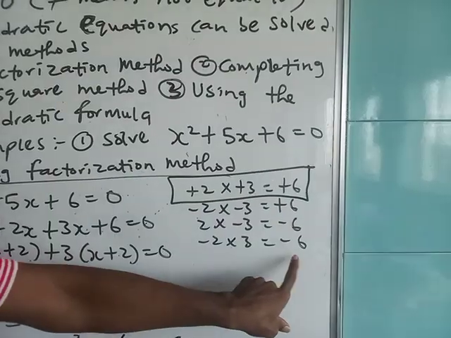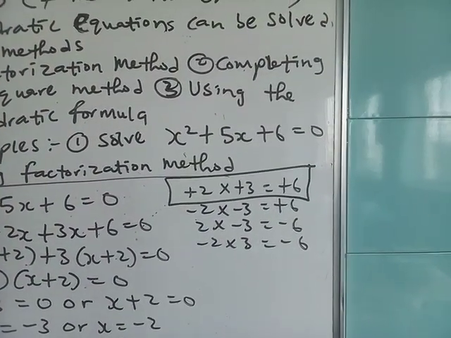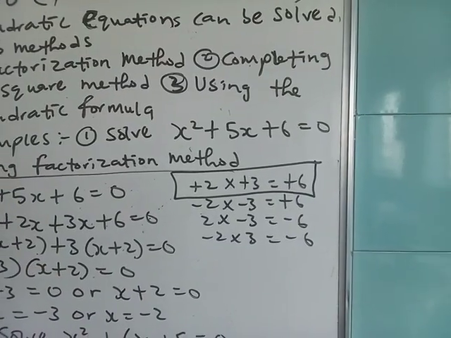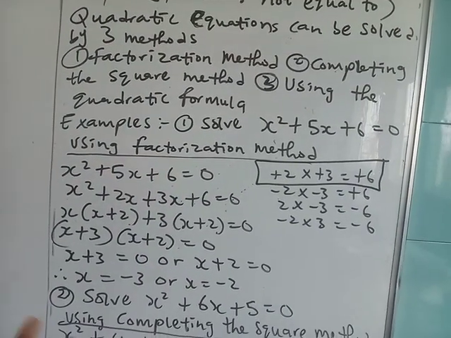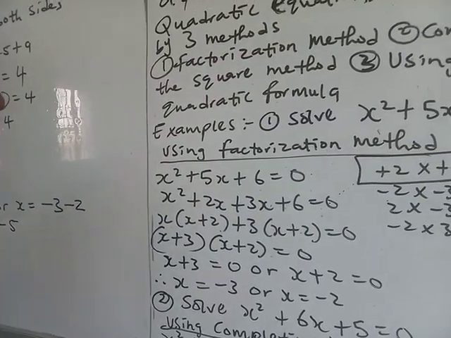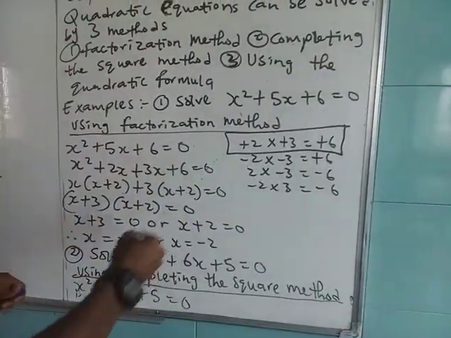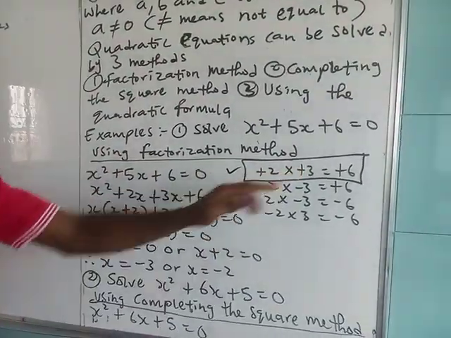Minus 2 times 3 is also minus 6, but minus 2 plus 3 will result in 1, and that is not what we have here. We have 5x. So the correct one that we pick is plus 2 and plus 3, and that is what we use to replace.